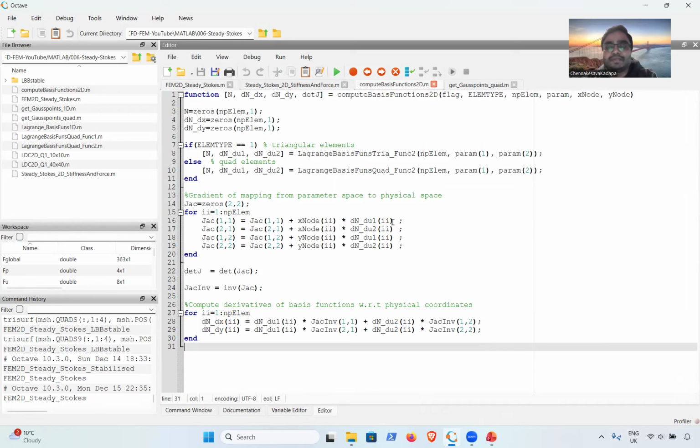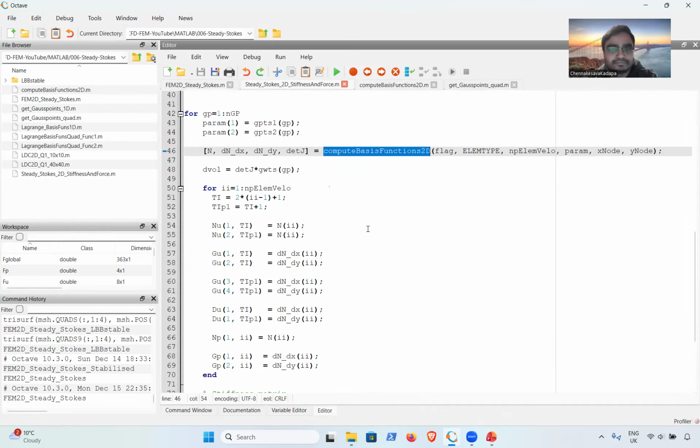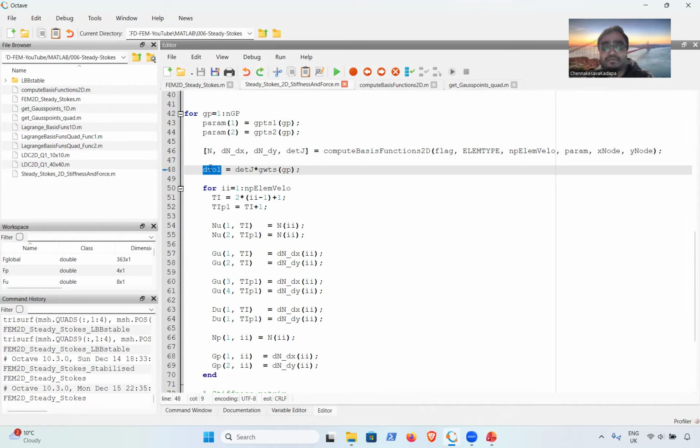So in this way we avoid duplication of the code, and it's easy to maintain, and less prone to bugs, because if you keep writing the same code, it's easy to make mistakes. So we simply call it as a function. And then we get the Jacobian, the determinant of the Jacobian, and if we multiply it with weight, this is our current area or volume.